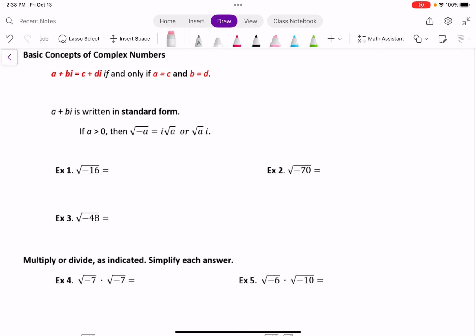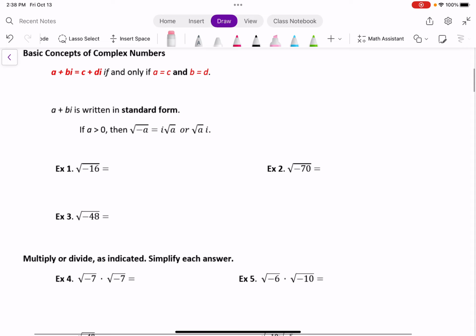All right, next part. a plus bi is written in standard form. If a is greater than 0, then the square root of -a equals i times the square root of a, or the square root of a times i. What's the meaning of that? If I have the square root of -a, I can rewrite it as the square root of a times -1.